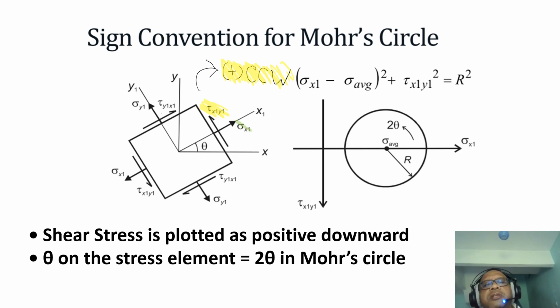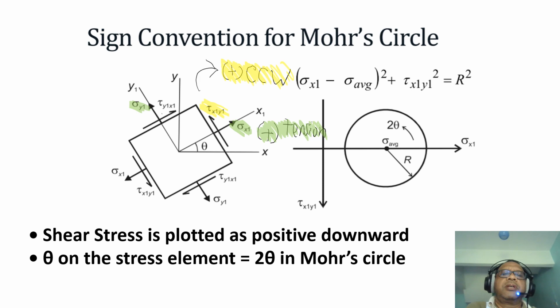This normal stress is positive tension. So let's write it. This is the positive convention. What else?